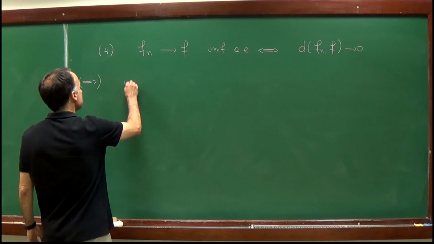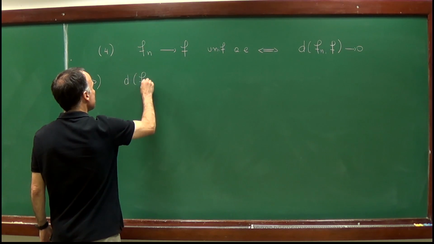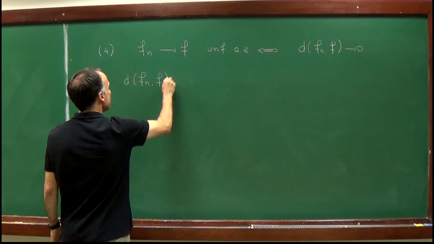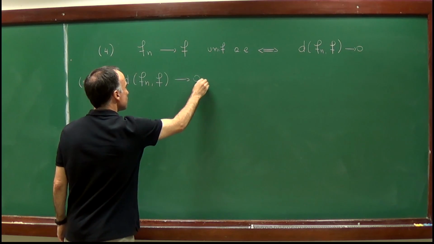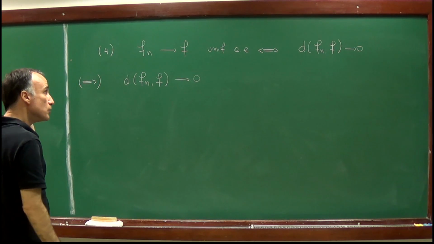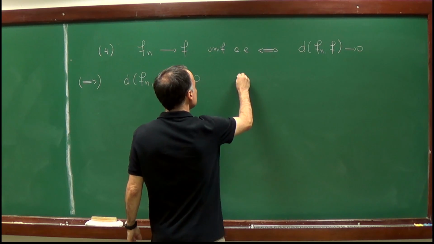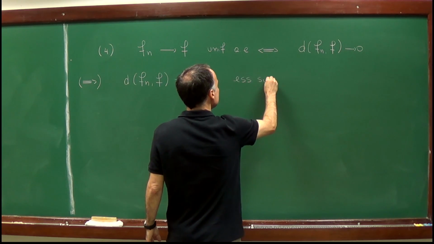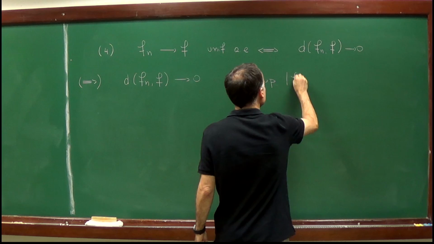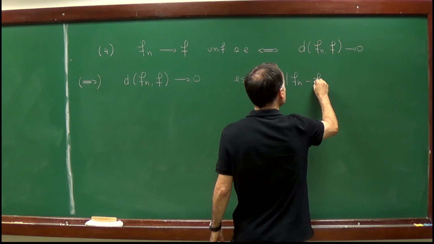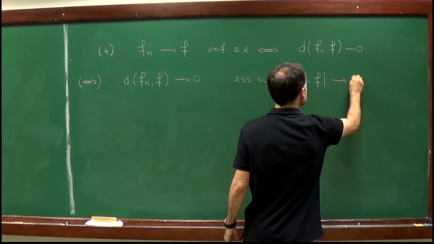Right, so now let's assume that the distance between Fn and f goes to 0. So this means that the essential supremum of Fn minus f goes to 0.